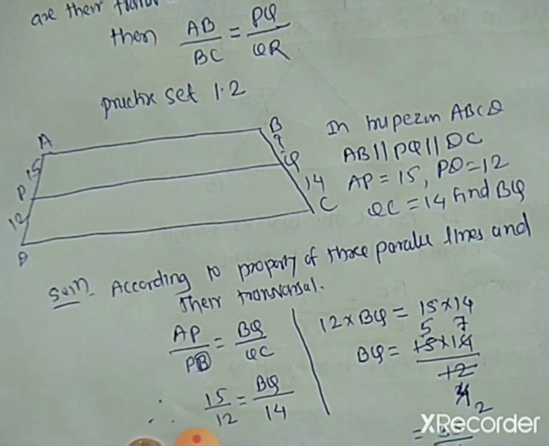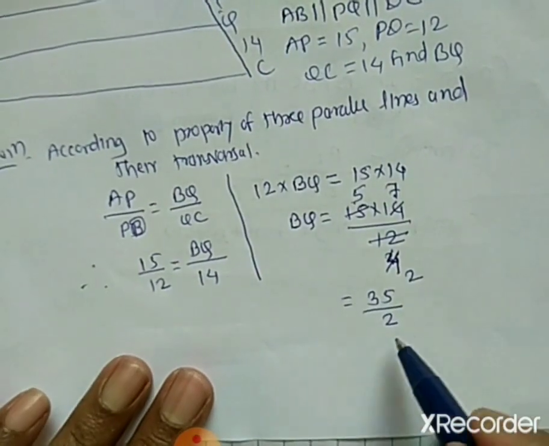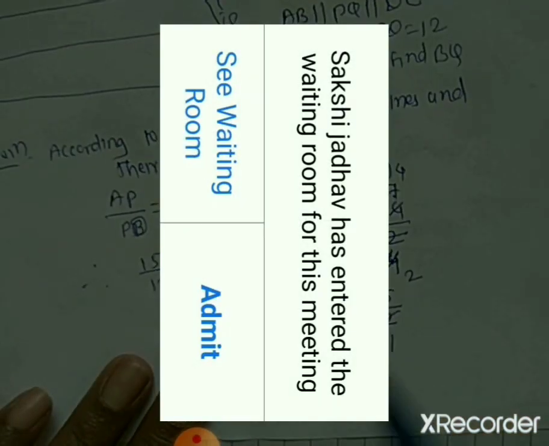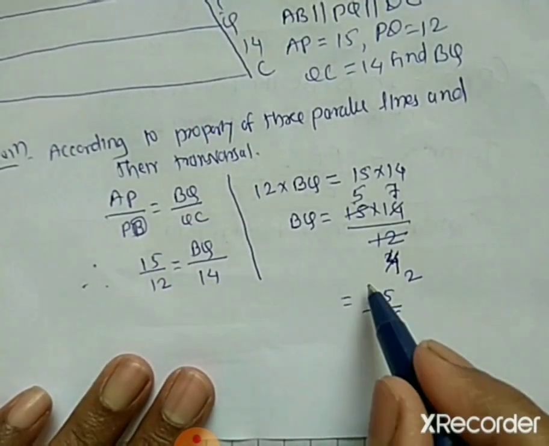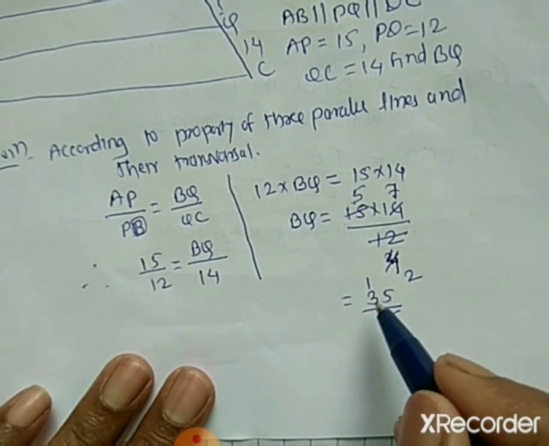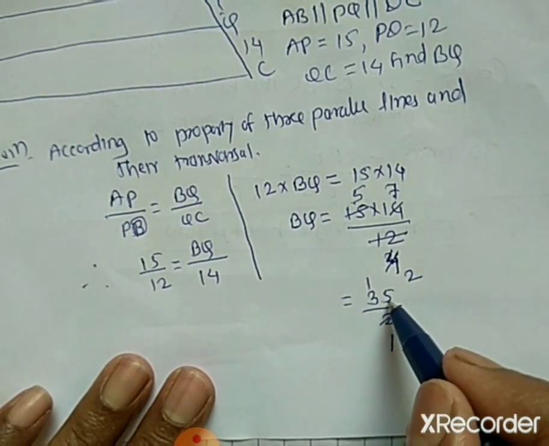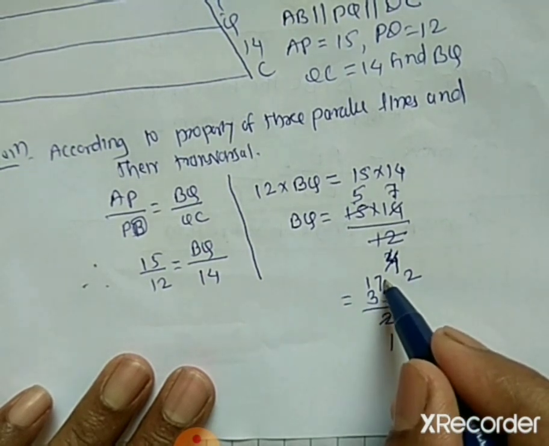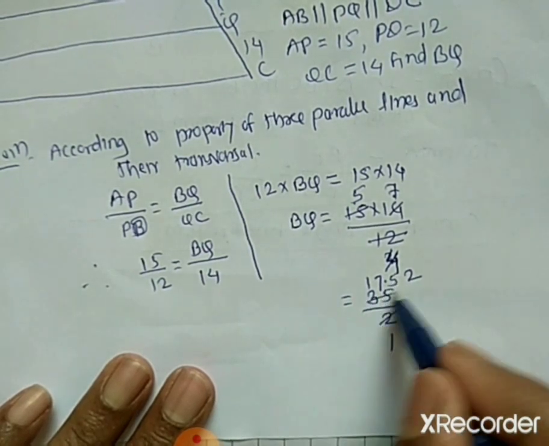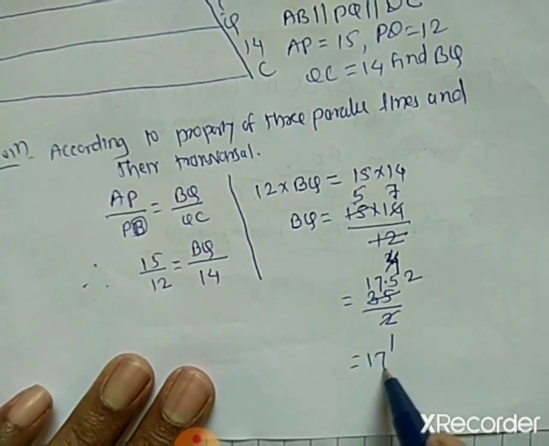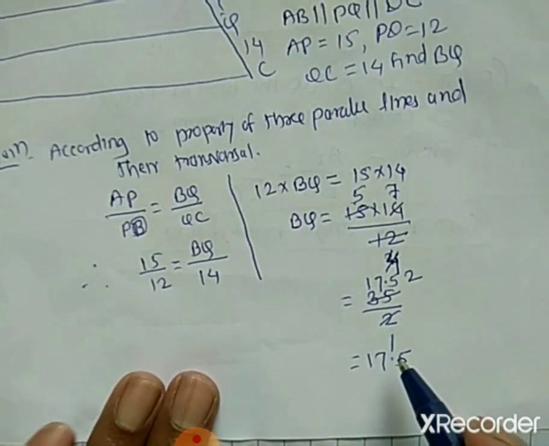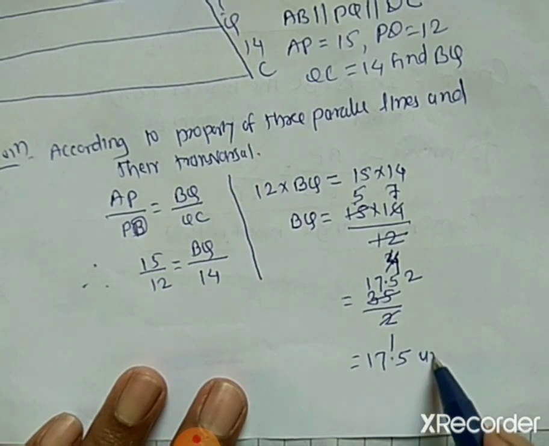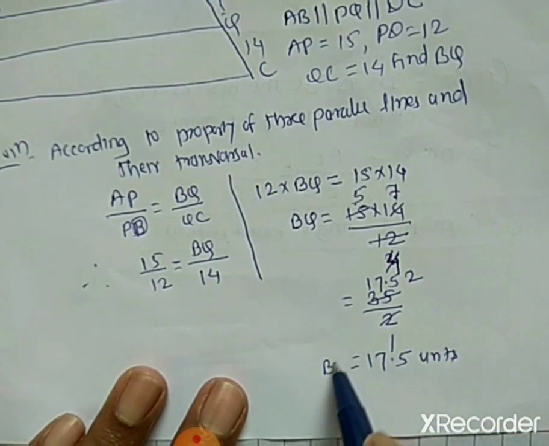If I do this division, 2 1s are 2, 1 remaining, that will be 15, 2 7s are 14, 1 remaining, decimal point, and 2 5s are 10, so I will get 17.5 units BQ.